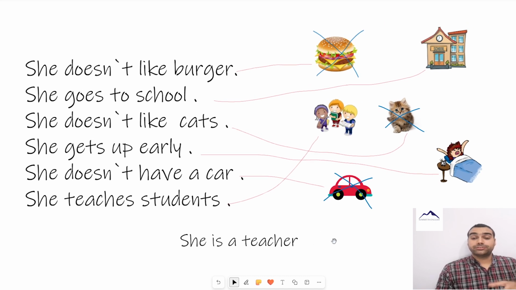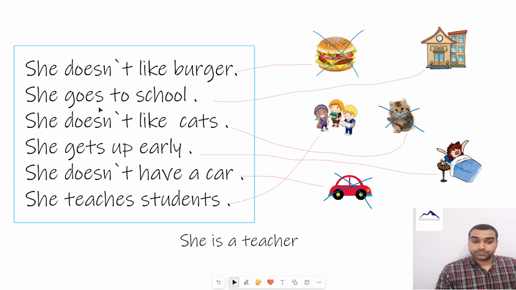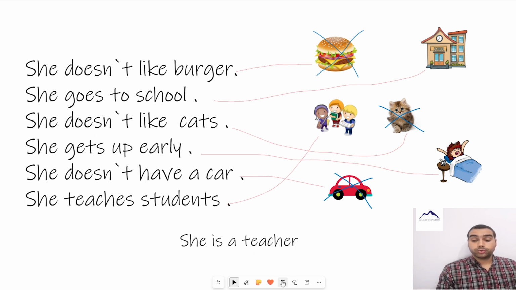Now let's understand how we form these sentences in the present simple. For the first sentence, she doesn't like burger, it's a negative sentence. To form a negative sentence using the present simple in the third person singular, we have to write what?